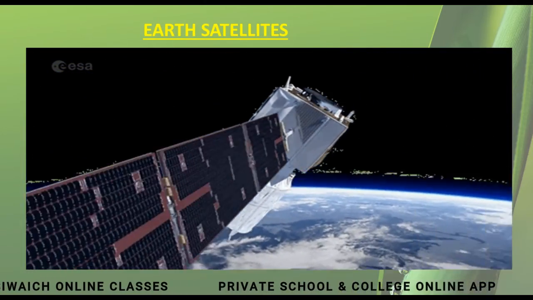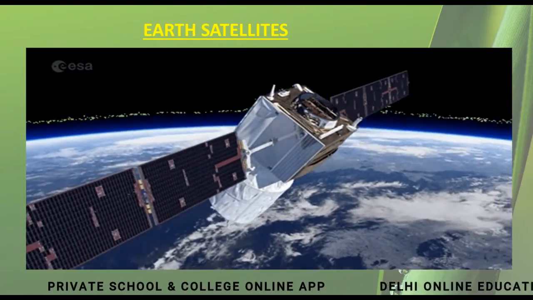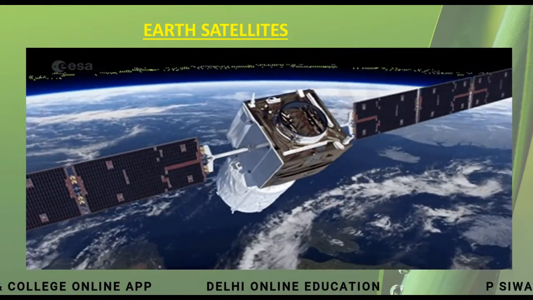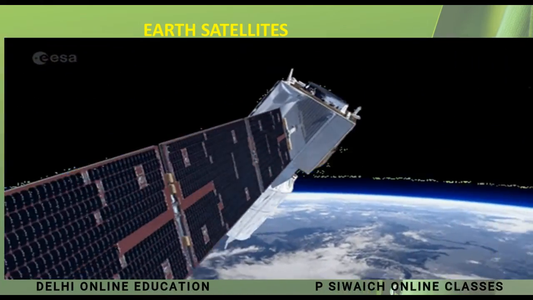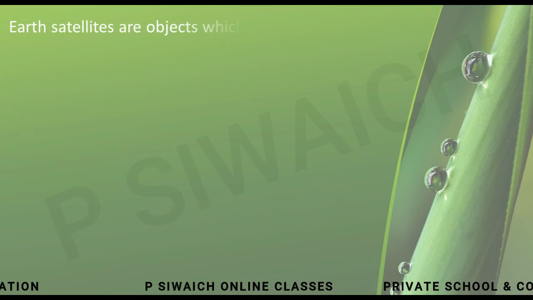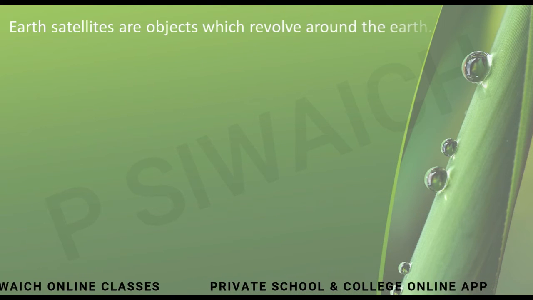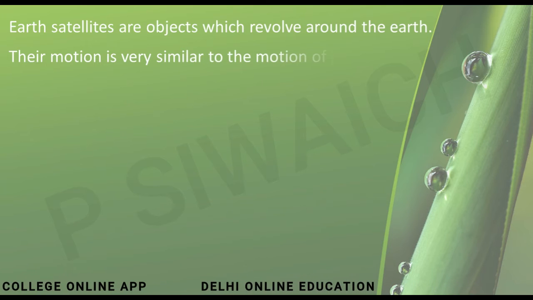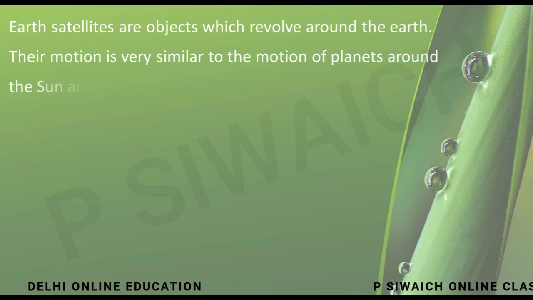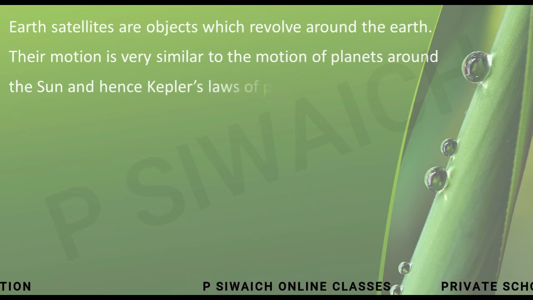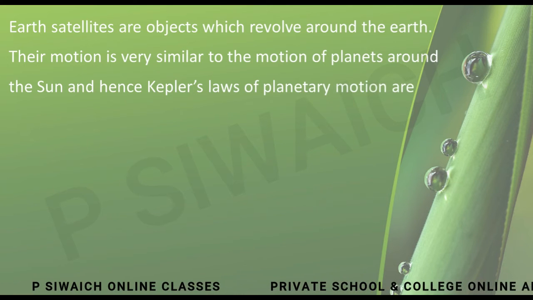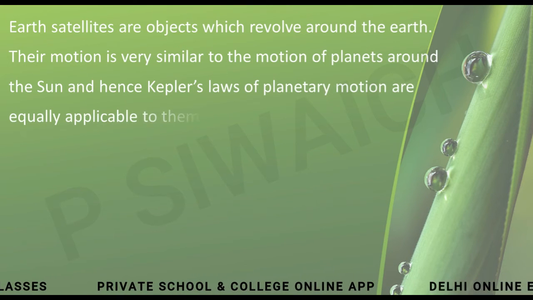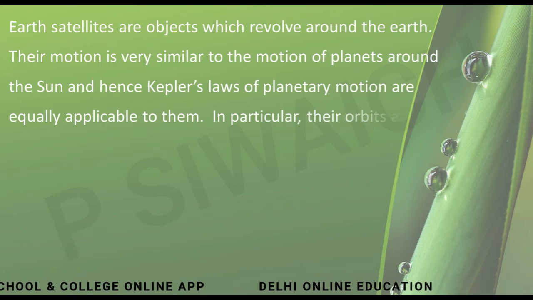Earth satellites, you can see how the satellite is moving around the Earth. Earth satellites are objects that revolve around the Earth. Their motion is very similar to the motion of planets around the Sun, and hence Kepler's laws of planetary motion are equally applicable to them.